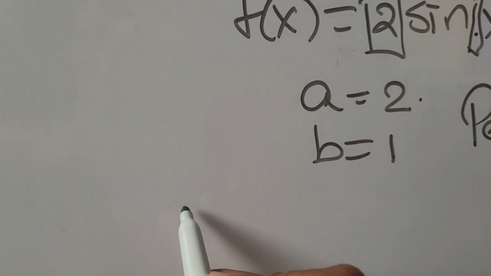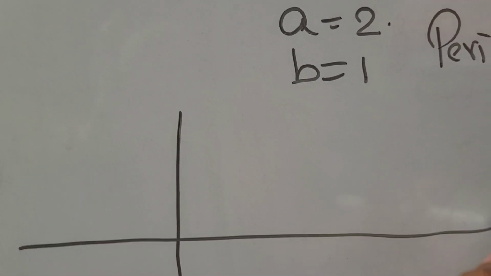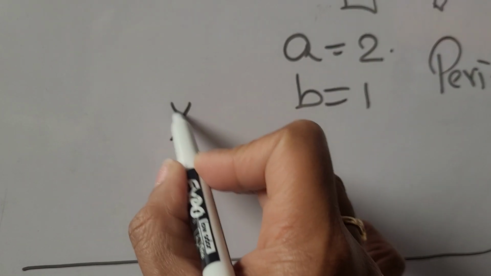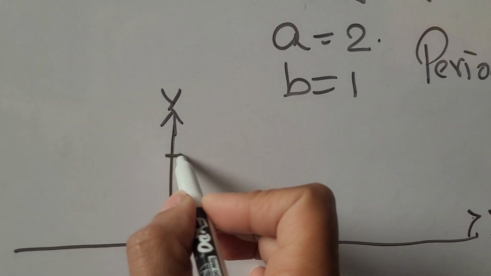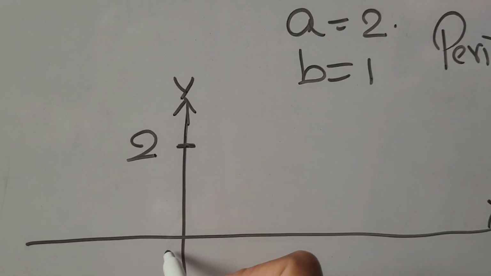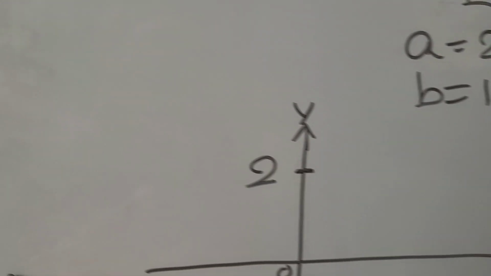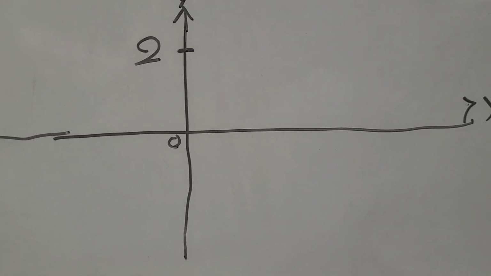Let's take the coordinate system here. Suppose this is the y-axis and this is the x-axis, and as the amplitude is 2, I'm going to mark the y value as 2, and this is the origin here. This is the negative x-axis and this is the positive x-axis.